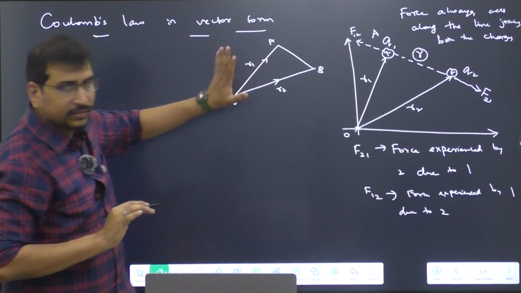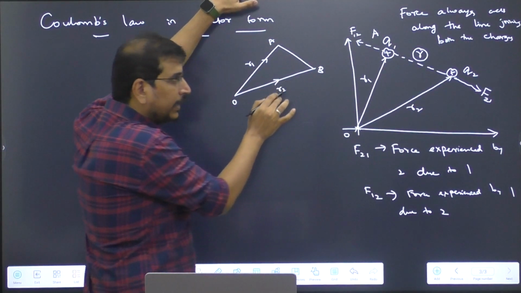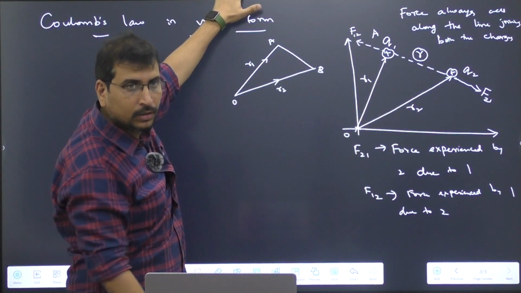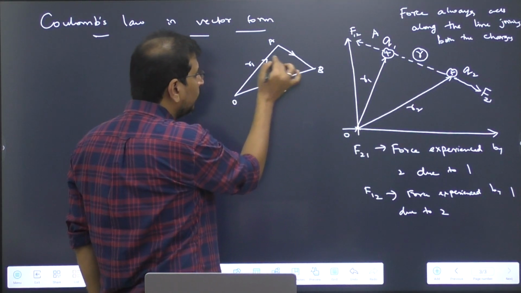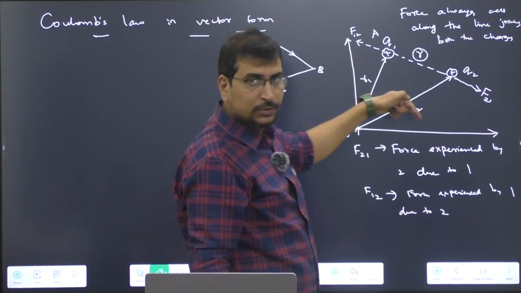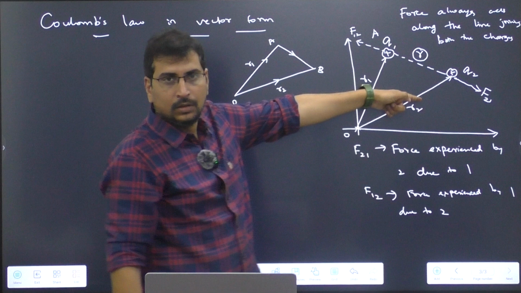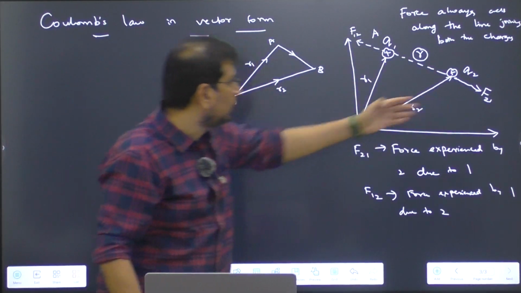And AB, I know it as R, that's it. Now see, between A and B, I can either write the AB vector or the BA vector. If I take it as the AB vector, then I need to take the arrow mark in this direction. So in this direction, which force is existing according to our diagram? It is F. In the diagram, it is F21, right?